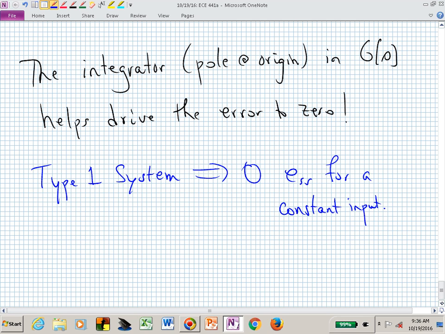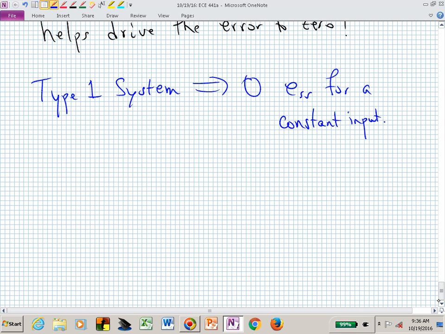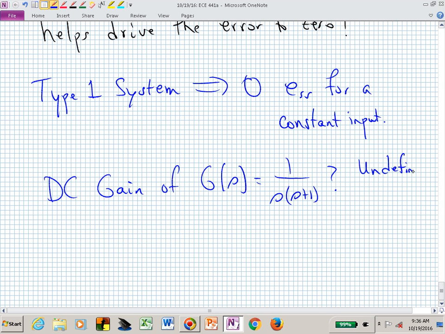And what we will see here is the DC gain of G of S, which was this 1 over S times S plus 1, was, let's say, undefined, or going off to infinity.